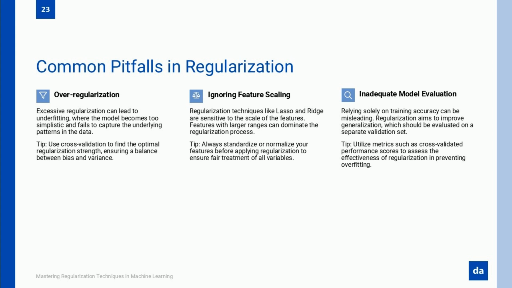When you apply too much regularization, your model can become too simple, losing the ability to capture important patterns in the data. This leads to underfitting, where the model performs poorly on both training and validation data because it's been stripped of its complexity. Think of it like trying to build a house with too few materials.